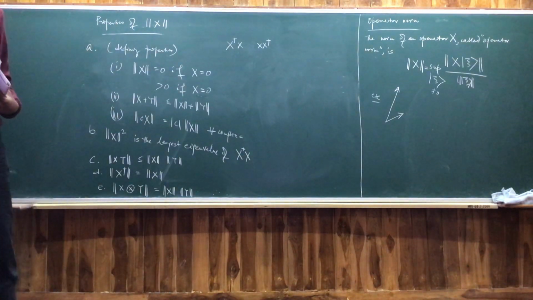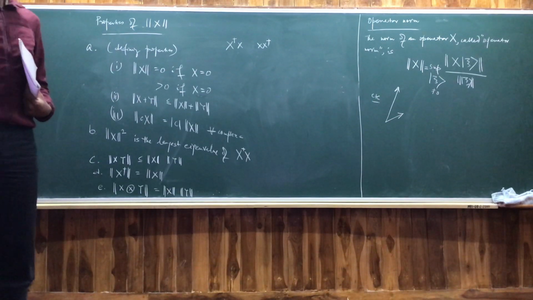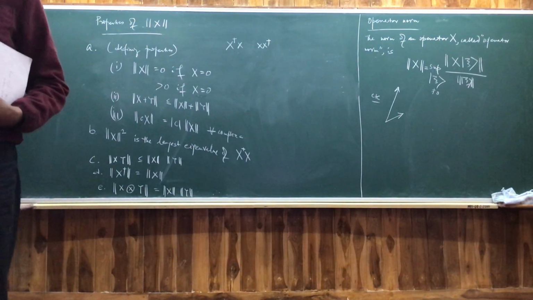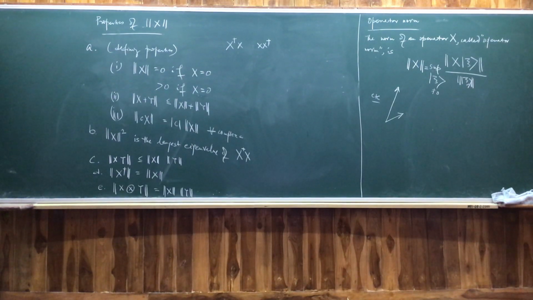So what happens to eigenvalues of a matrix when you take the Hermitian conjugate? It depends on what type of matrix it is. If it is a normal operator, so that you can write the spectral decomposition, you just take the Hermitian conjugate of both sides.